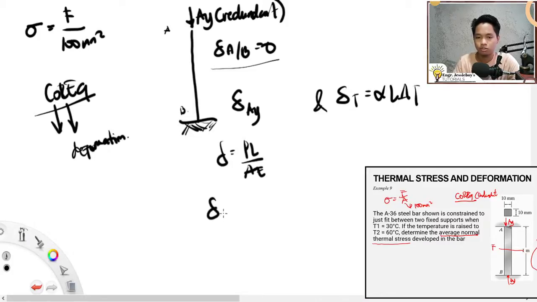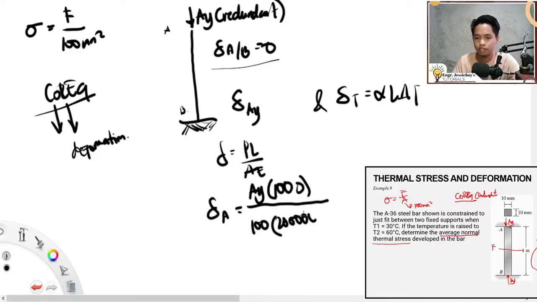The deformation due to your AY, or A for short, we put AY there. The length is 1 meter, so the length is 1,000 mm. I'll be treating AY in Newtons. My area is 100 square millimeter. And the E for A36 steel is 200 megapascal.